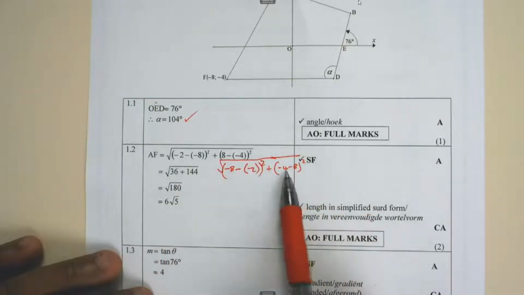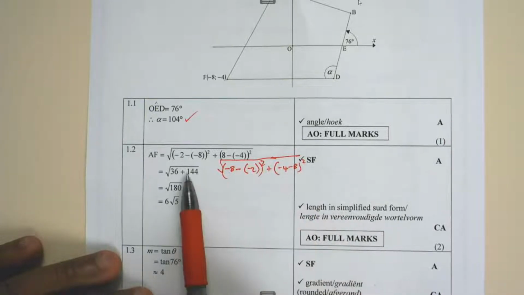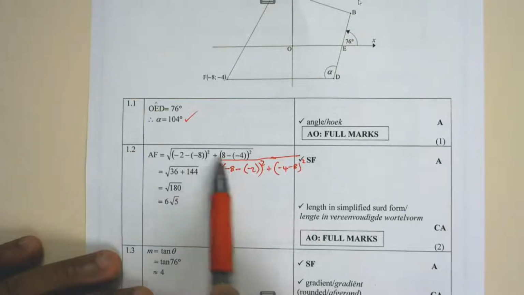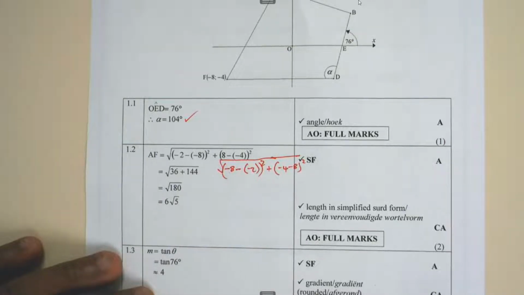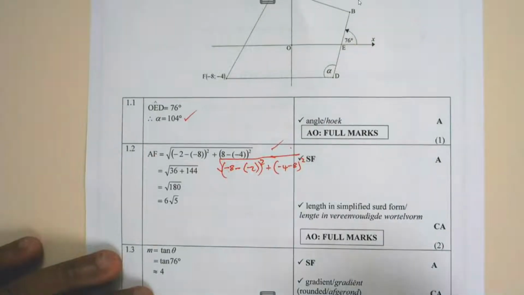The same applies here. You have -4 minus 8, which is -12, and -12 squared is 144. Please check the order of substitution here. It is still the same. So 1 mark for substitution, which is an accuracy mark, and then the CA mark for the length.